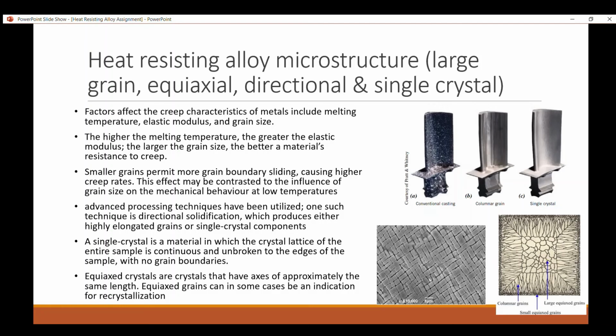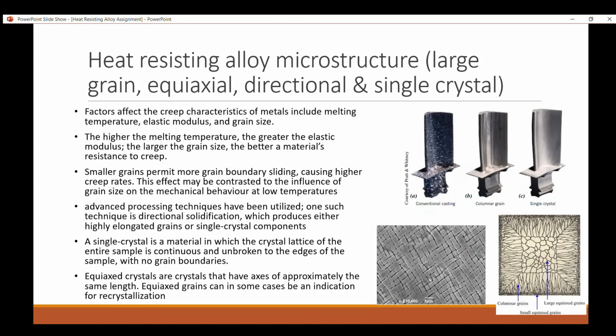This single crystal is a material in which the crystal lattice of the entire substance is continuous and unbroken to the edges of the sample, and therefore there are no grain boundaries. This is the image of a single crystal. We can see that it has unbroken edges and also no grain boundaries.